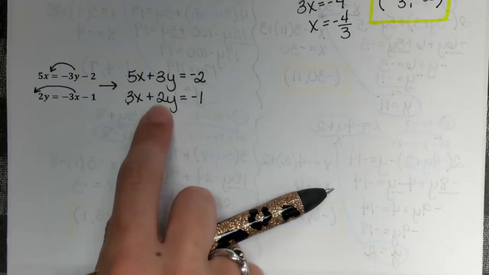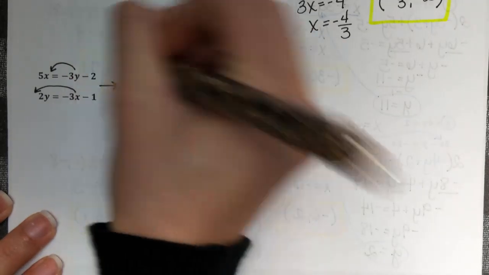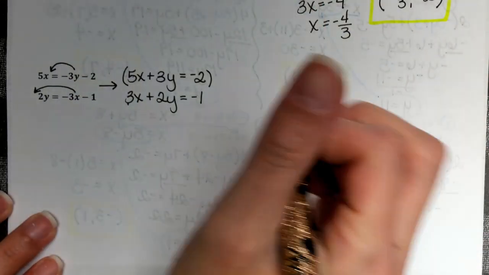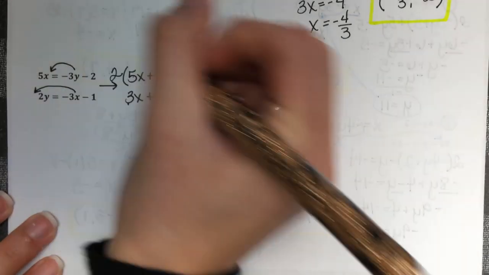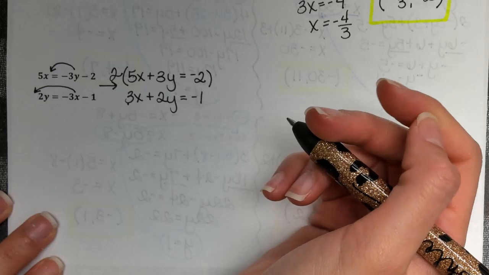So if I'm going to eliminate my y's, what do I want that number to become? 6. You're looking at your least common multiple. Okay, so if I want it to become 6 and negative 6, I can take that 3y and multiply it by what? Either 2 or negative 2. It does not matter. One of them needs to become negative though.